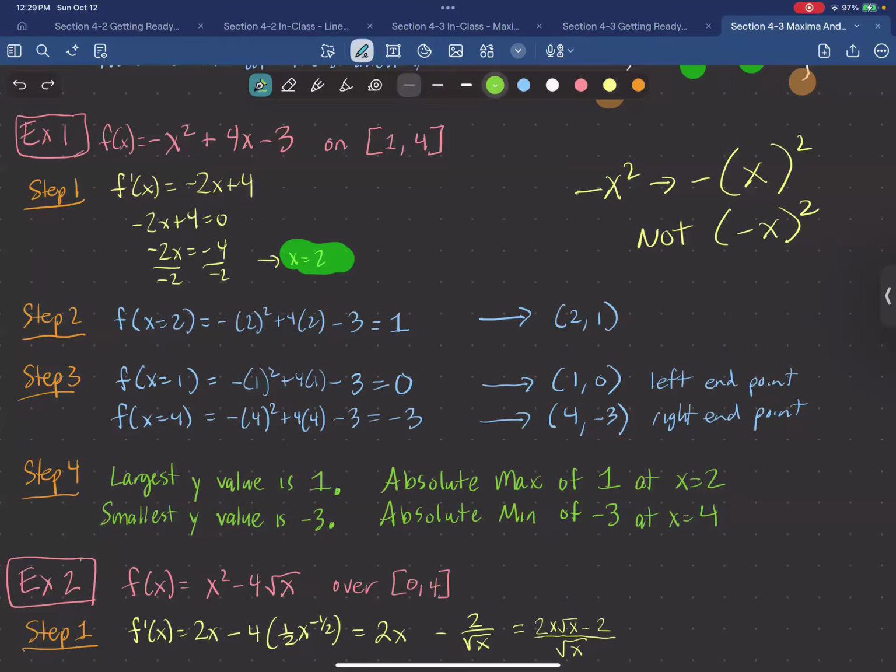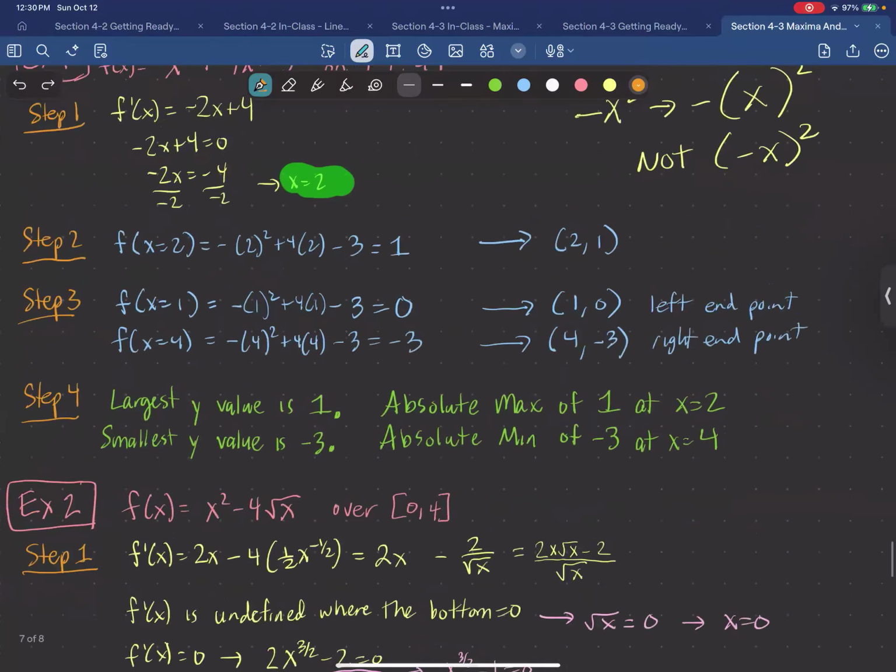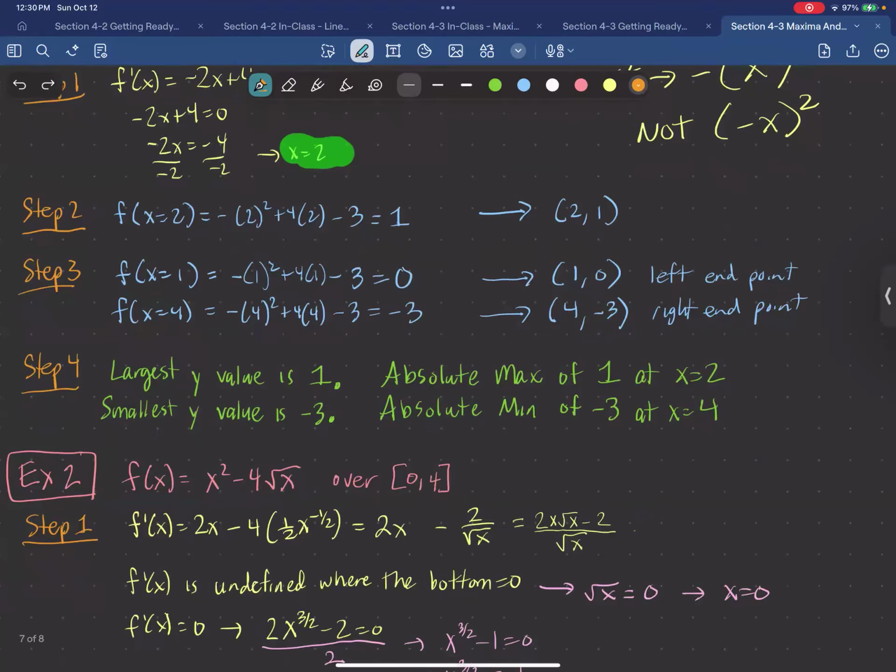What I did to get to the next line is I multiplied this by square root of x over square root of x. And when you do that, we can combine and make a fraction, and we get this. That's our f prime of x. It's undefined when the bottom equals 0.